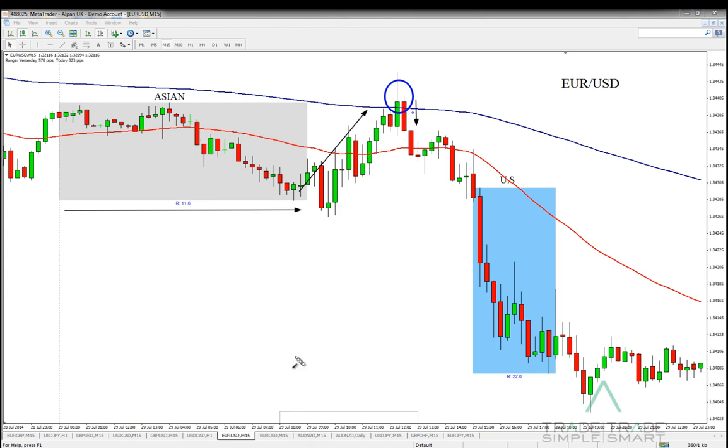So in exactly the same way that we see the highs of the Asian session or horizontal levels penetrated in this way, smart money are aware that these same strategies are taught for moving averages.